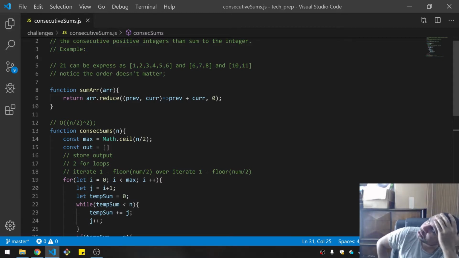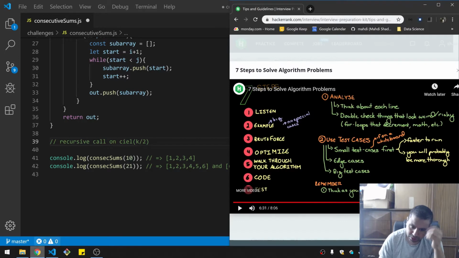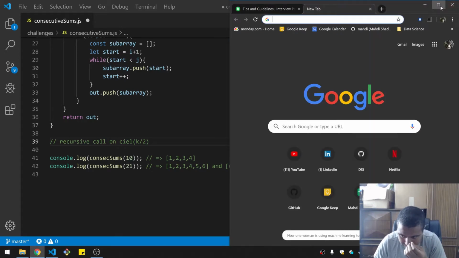Like if you start at 21, start at n or 21, and I'm curious actually. I'm going to look up this problem. Maybe it exists.